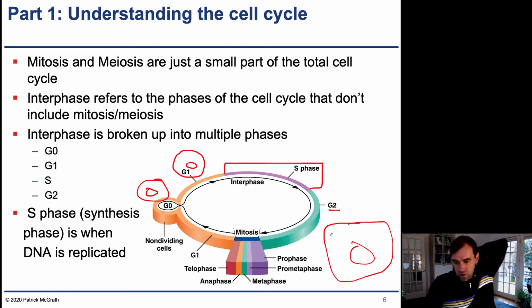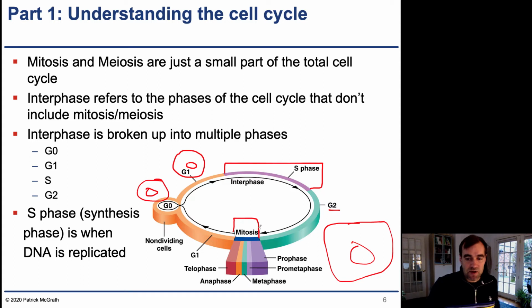And so one of the most important steps of division is actually ensuring that each cell receives an appropriate content of DNA. So the entire genome must be passed on to each cell. And so this is why we talk about mitosis and meiosis, is that these are the phases that ensure that DNA is properly segregated to each one of the cells.